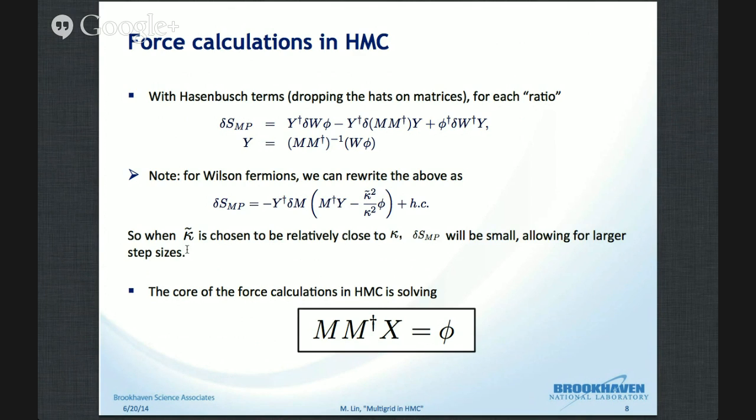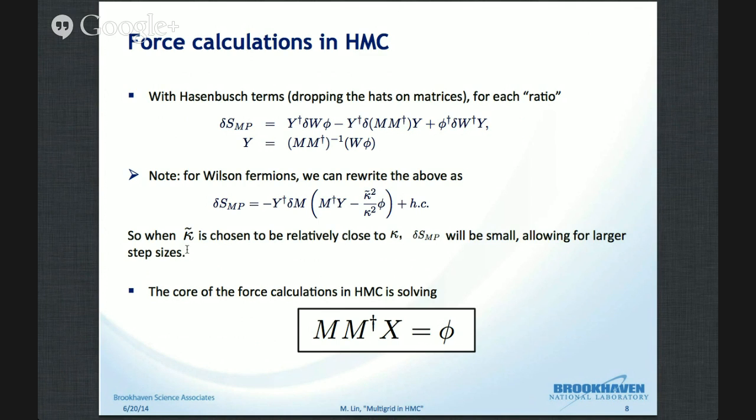You can see when kappa and kappa delta are close together, this term is actually very small, so it'll go to 0 if you set them to be the same. This basically means with the proper choice of the Hasenbusch mass term, you'll be able to reduce the size of the force term, which allows you to use larger step sizes. And this is why the Hasenbusch trick works pretty well for HMC.